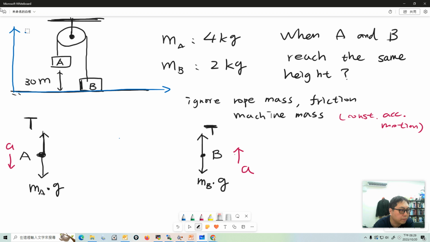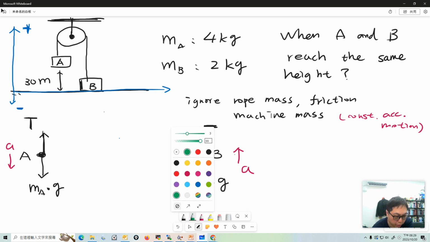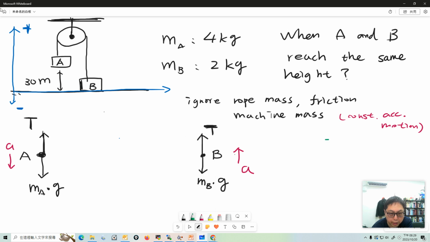Let's just say the direction pointing upward is positive and pointing downward is negative. I think that's enough. Now let's write down Newton's second law. It tells us the net force equals mass times acceleration. So let's apply this law.